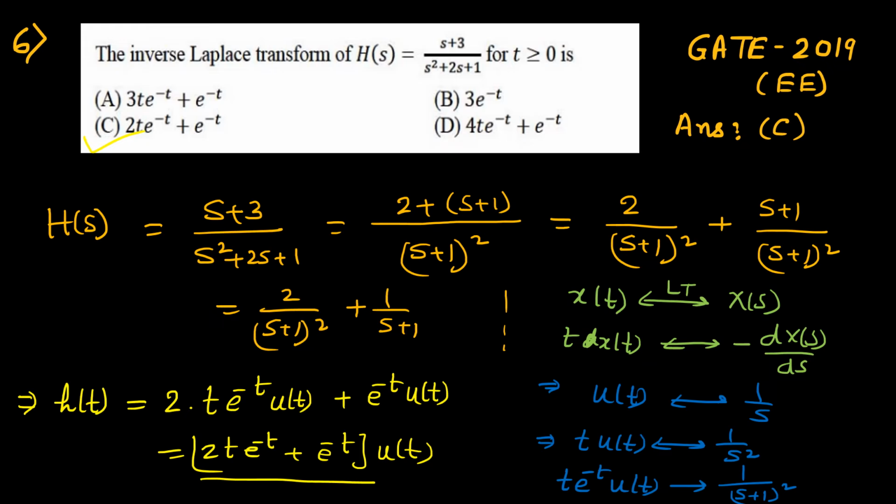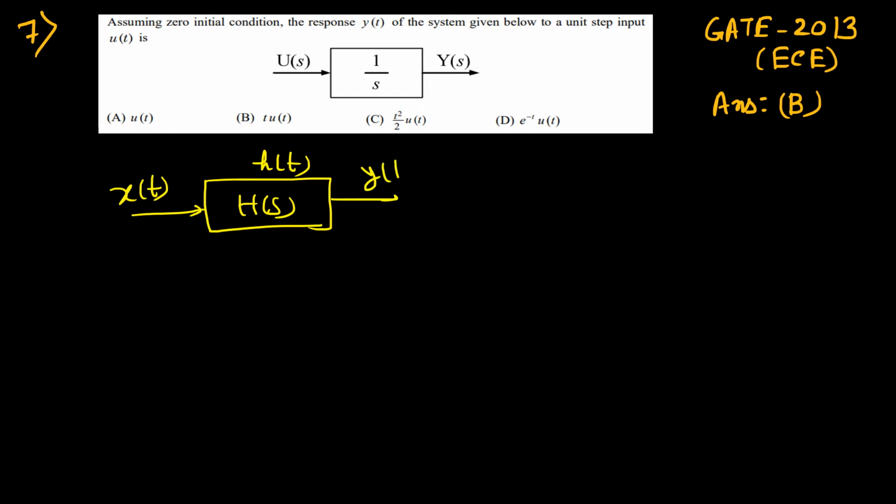Right? Now next. So you see initial conditions are given as 0, and Y(s) is the output of the system. So if this is my system, H(s) is given, and impulse response is h(t), input is x(t), and output is y(t), and we know that it is a convolution between x(t) and h(t).